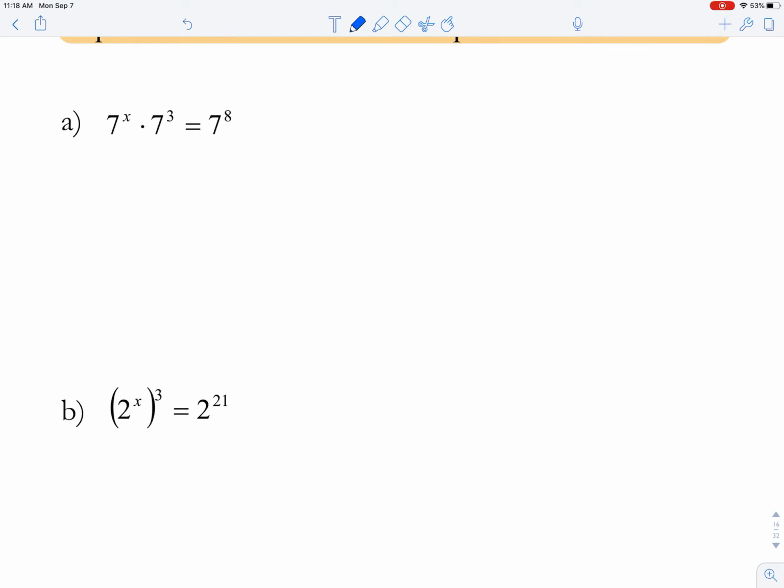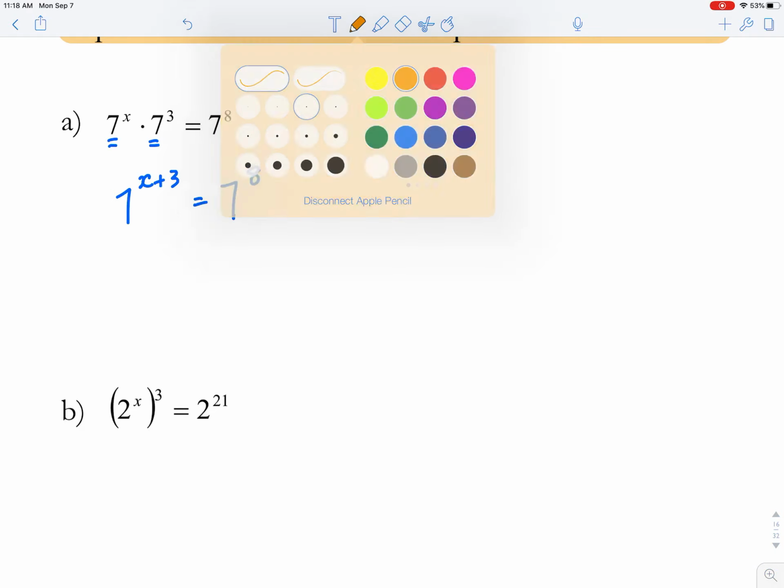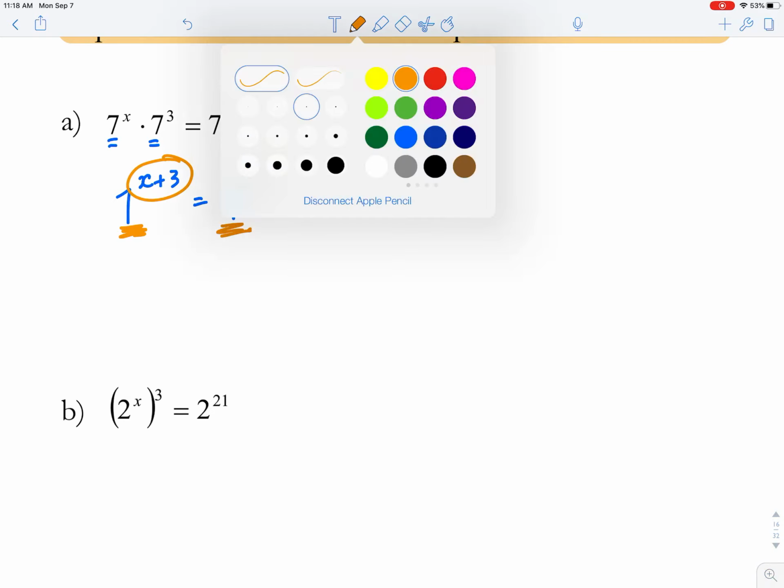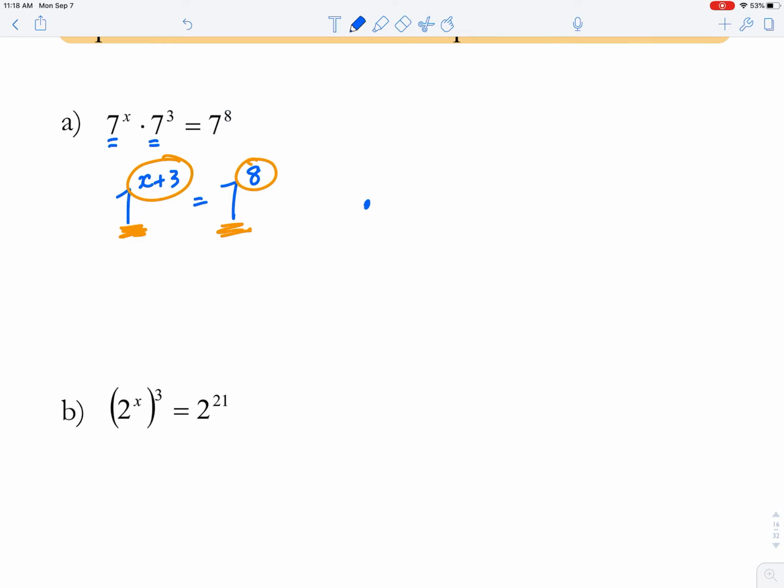So let's use the exponent rules. The bases match, so we're going to add the exponents. So 7 to the x plus 3 equals 7 to the 8. And now we have exactly the situation shown above. We've got matching bases. That means our exponents are going to match as well. So I'm going to write it like this.